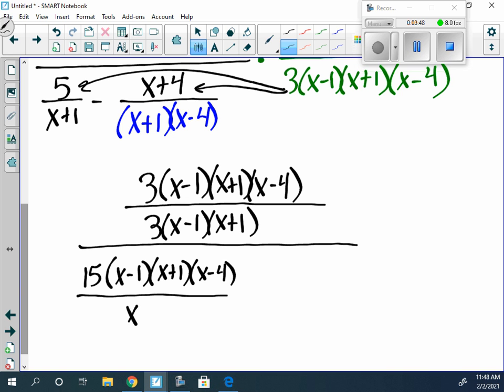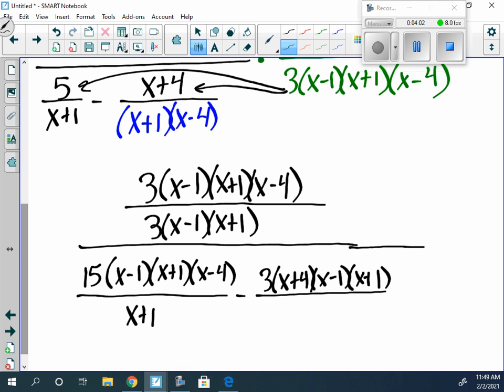All over x plus 1. Minus. On top here we have 3 times x plus 4 times x minus 1 times x plus 1 times x minus 4. All over x plus 1 times x minus 4.